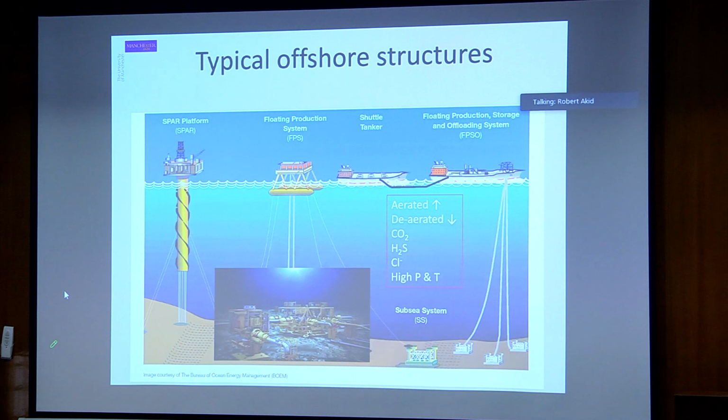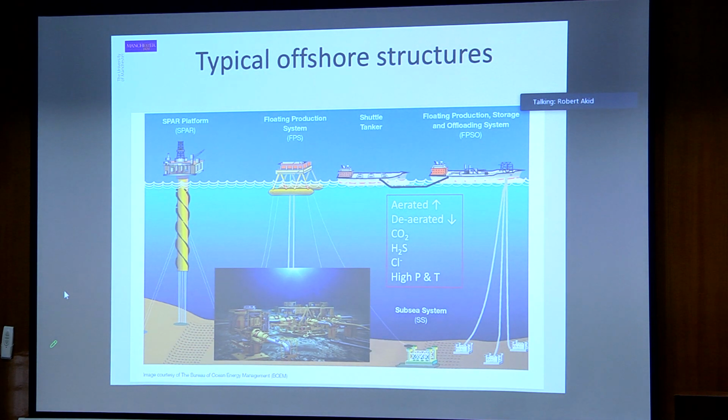So, in terms of offshore, you can see here a cartoon showing both topside above the waterline and below the waterline, where we've got a whole variety of different structures. But also we've got quite a lot of different corrosive environments, and they can range from being aerated as we move towards the top of the sea level, down to de-aerated on the seabed.